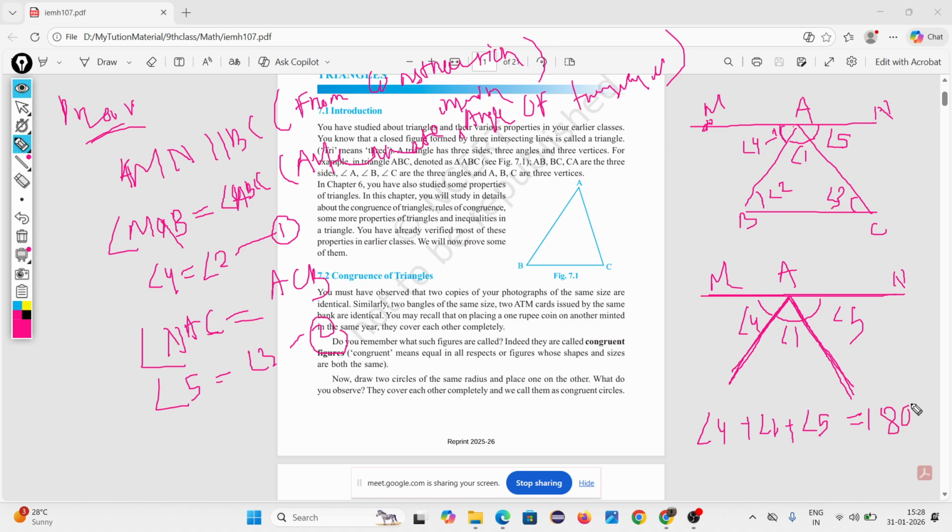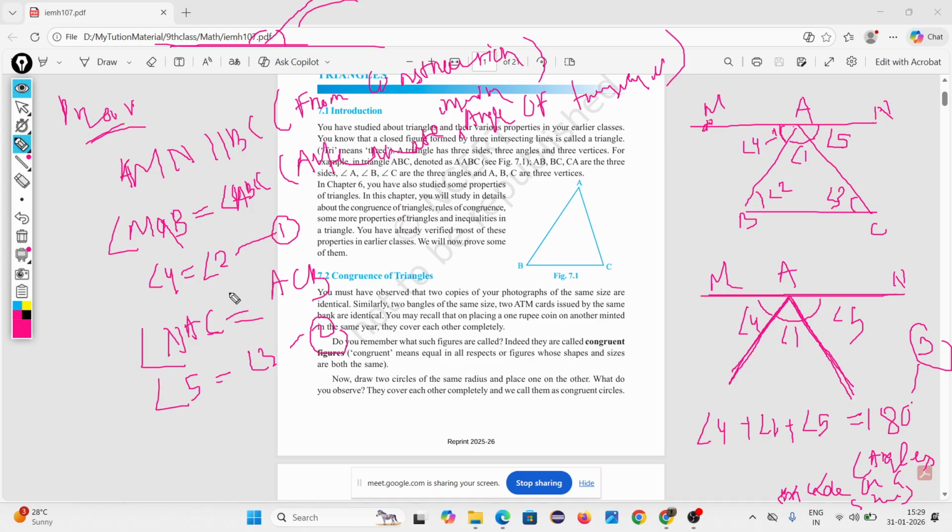Why? Angles forming on a straight line. It is not a linear pair. A linear pair means 2 angles forming on a straight line. But here more than two angles are forming, so it is the concept of angles made on a straight line. This is equation 3.